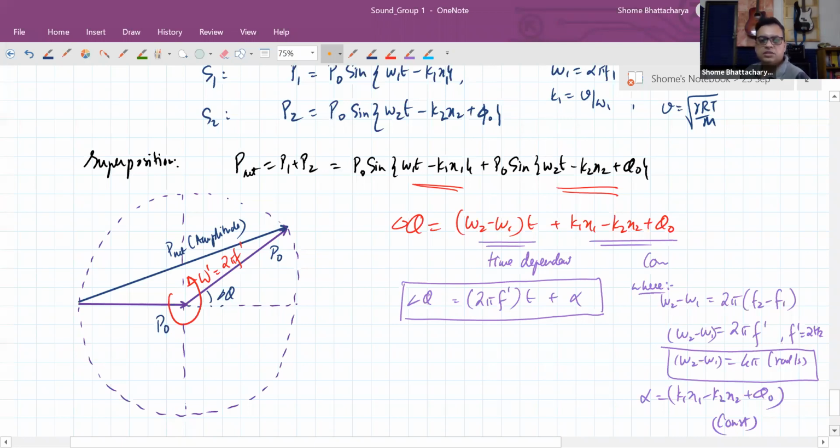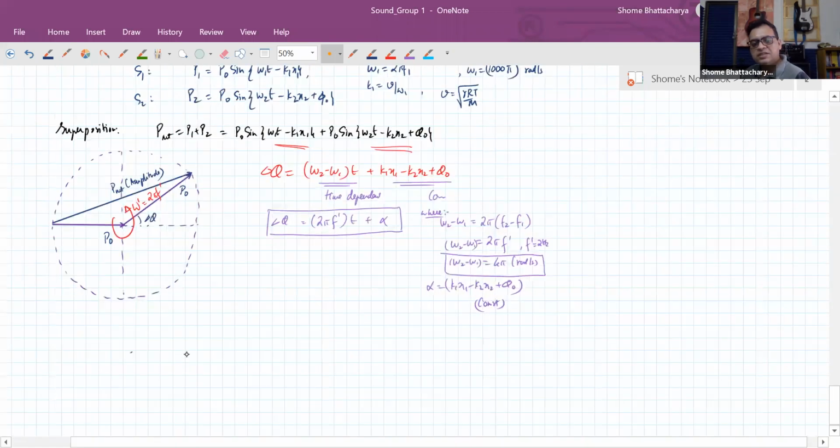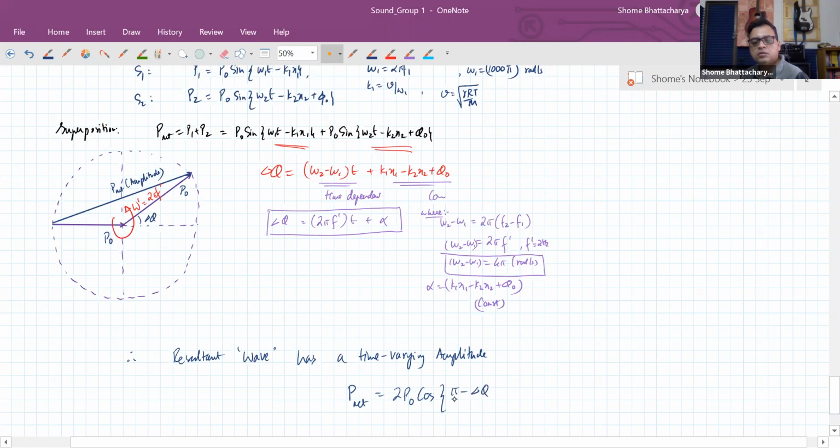So what this shows us is that therefore the resultant wave has a time varying amplitude. Okay, which you can see by formula over there will become 2 p naught cos like this. Okay.